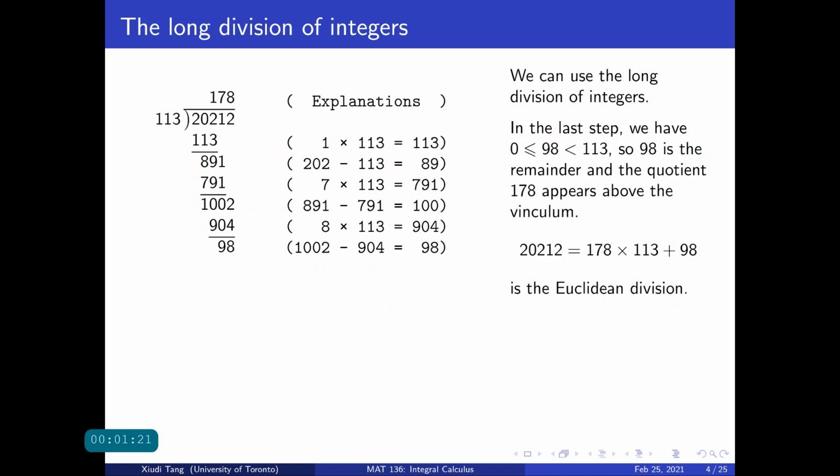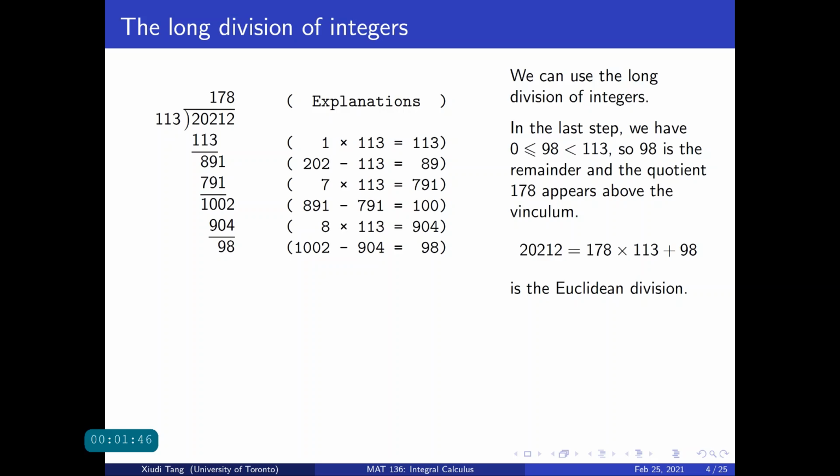By using that, we will separate the dividend 20,212 and the divisor 113 by a right parenthesis and draw a vinculum above the dividend, above which we would put the quotient.